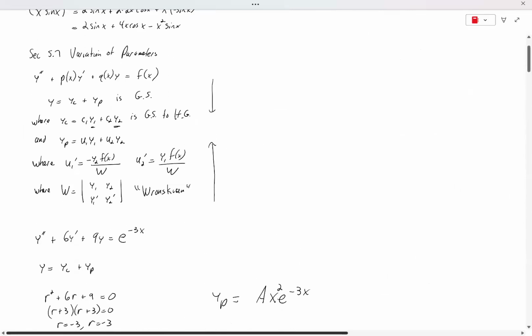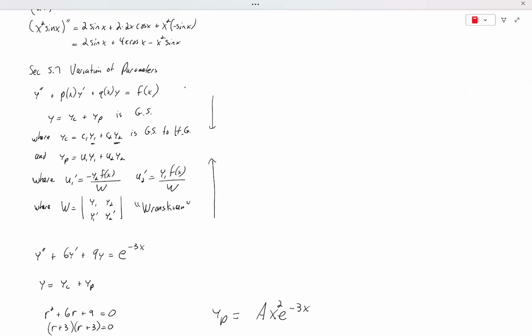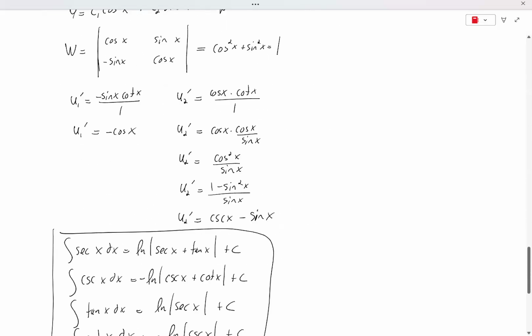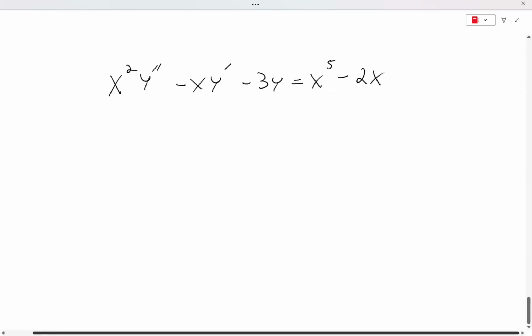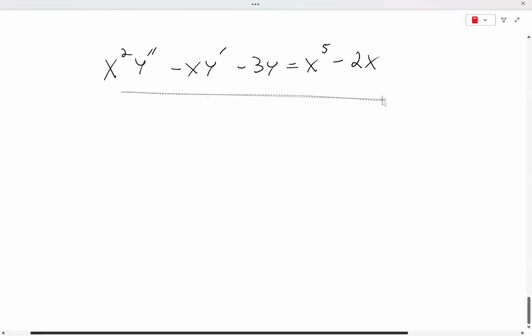So you can have functions of x, that's okay, but it's got to be a 1 in front. So I've got to get it in the right form. Divide through by x squared.